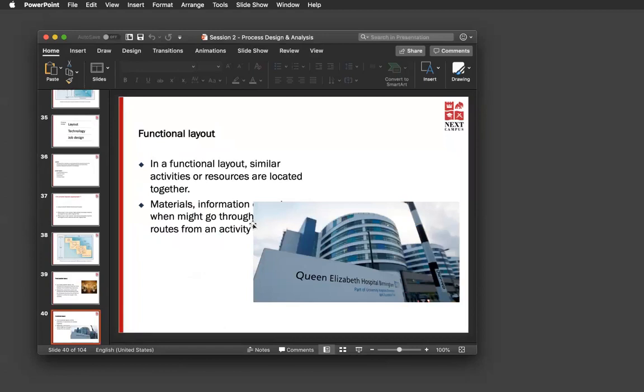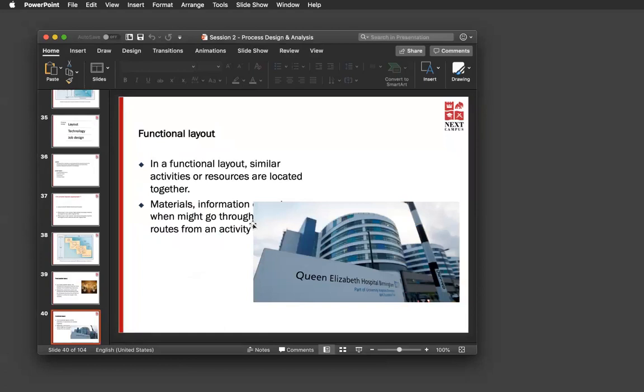Even if you are going to manufacture a pair of glasses, you go to the doctor or you go to a place where they manufacture the glasses, and you may find certain things within the organization are functional.